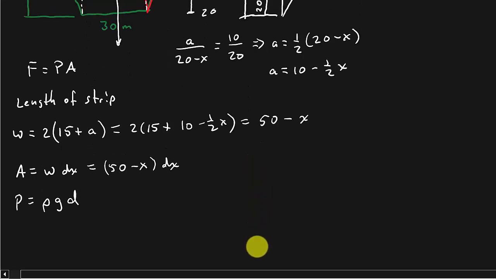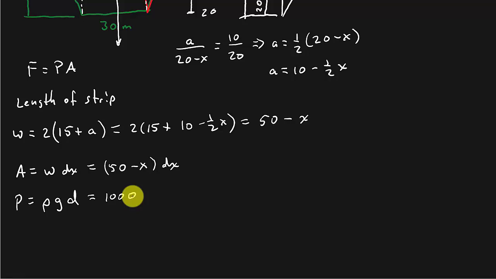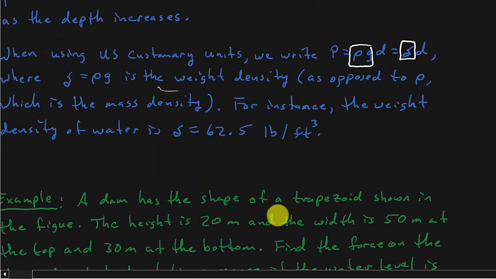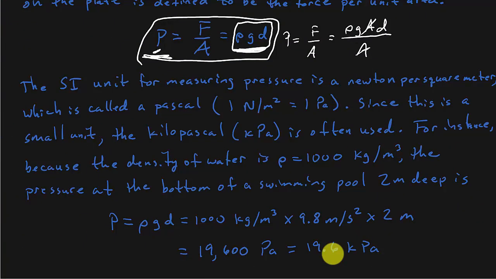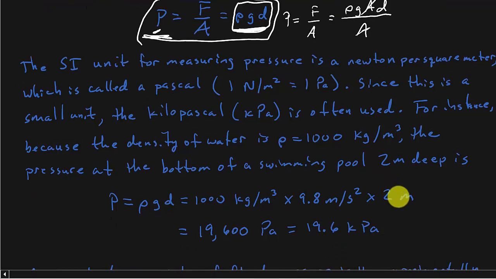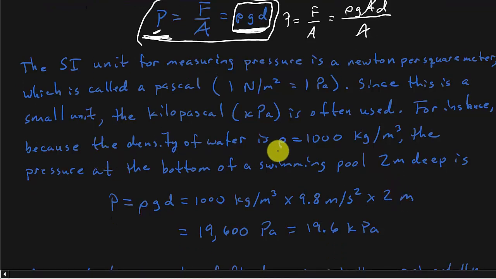All right, so what is rho? Well, that's 1,000. Remember the 1,000 kilograms per cubic meter. Let me see if I can find it. There we go. It says the density of water is rho equals 1,000 kilograms per cubic meter.